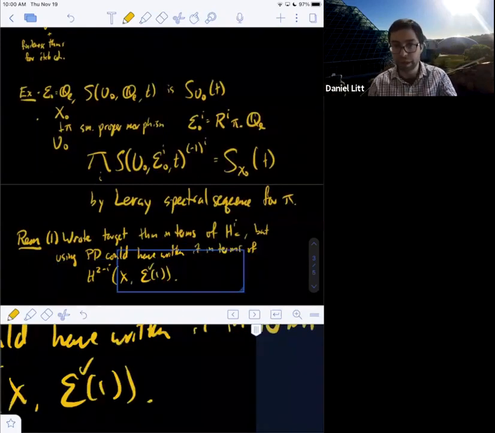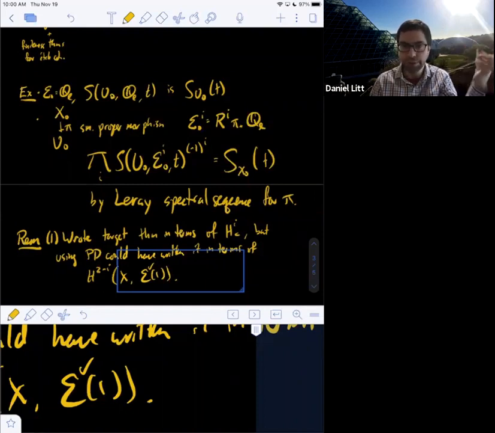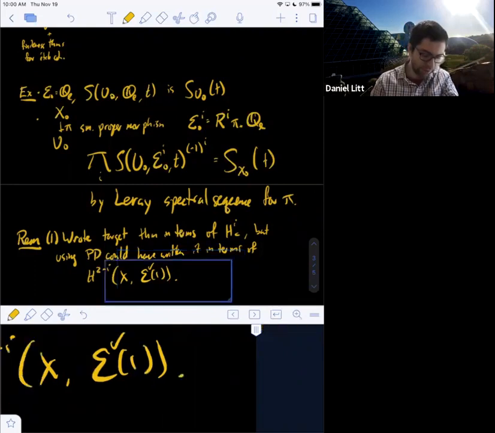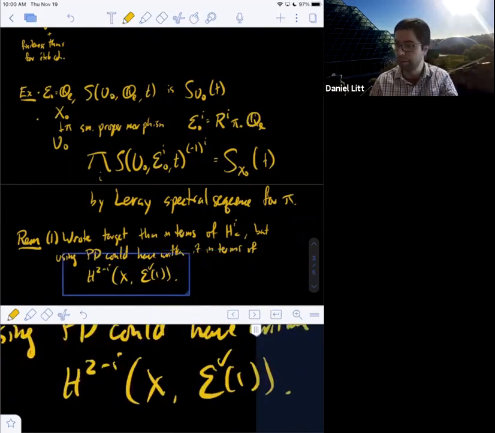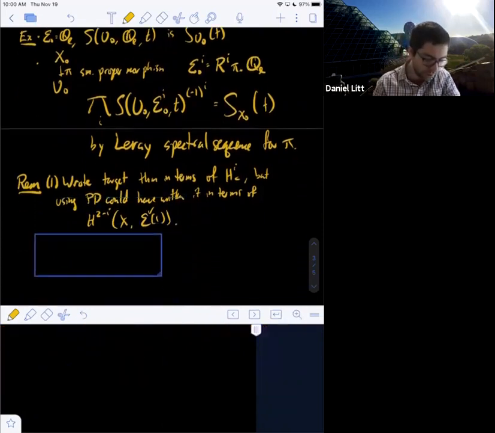So if you dualize your sheaf and twist by the cyclotomic character that comes from Poincaré duality, then you can replace compactly supported cohomology with just usual étale cohomology.